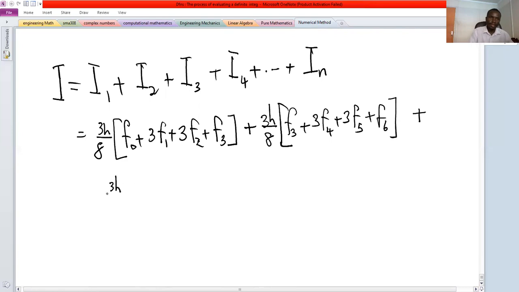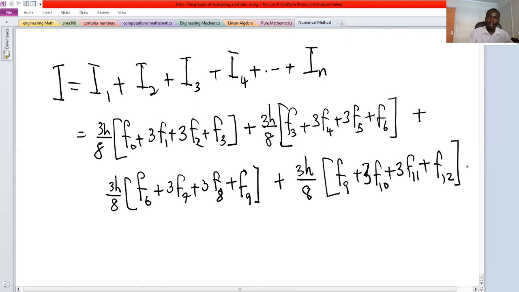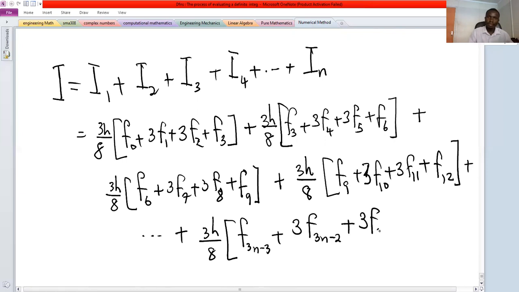Next was 3h over 8 into f6 plus 3f7 plus 3f8 plus f9, plus 3h over 8 into f9 plus 3f10 plus 3f11 plus f12, plus other terms, up to 3h over 8 into f of 3n minus 3 plus 3f of 3n minus 2 plus 3f of 3n minus 1 plus f of 3n.